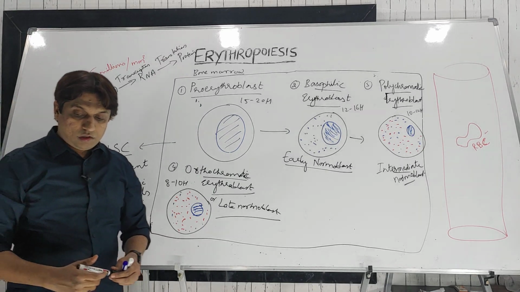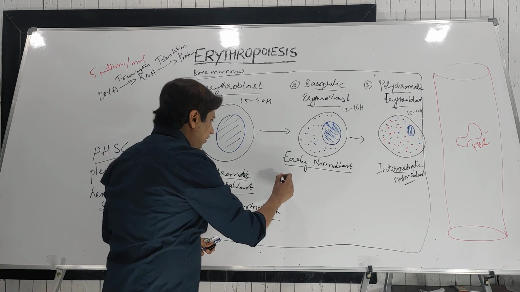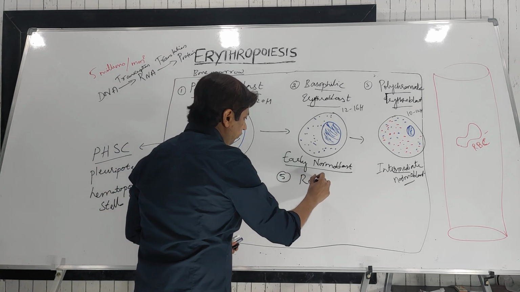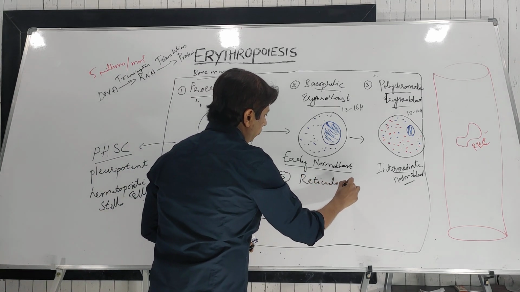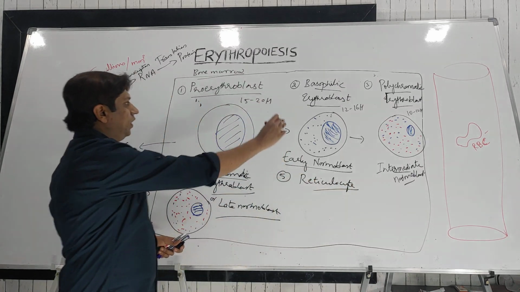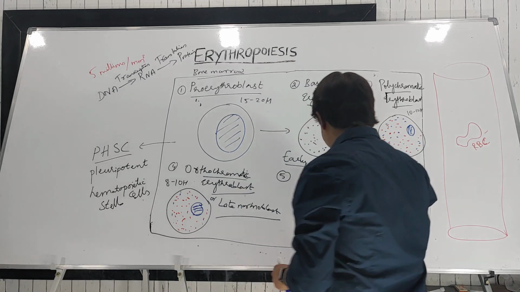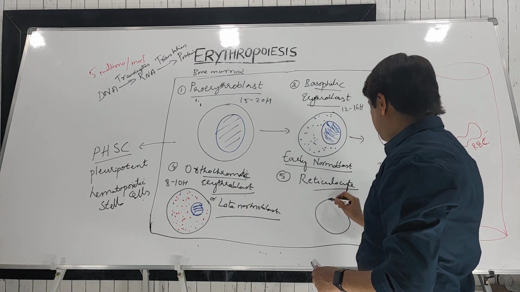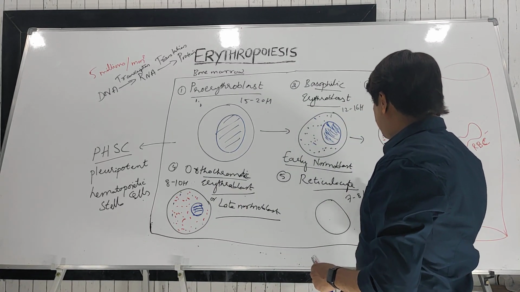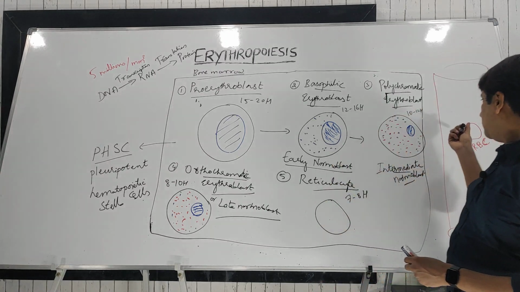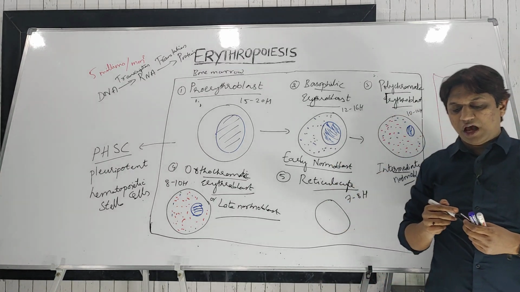Now the next stage is reticulocyte. Remember, all these things are happening in the bone marrow itself. The cell size further decreases. It will now be around 7 to 8 microns, almost near to the RBC, just slightly bigger than the RBC.